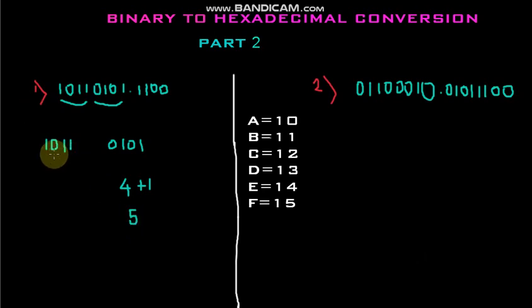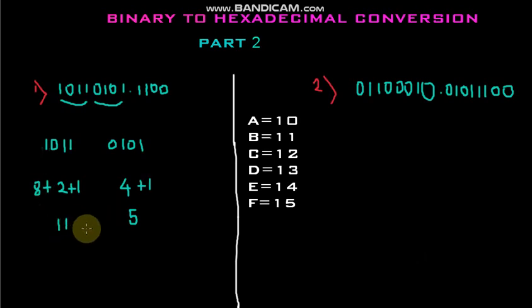Now converting the second group, we get 1 into 2 raised to 0, which is equal to 1, plus 1 into 2 raised to 1, which is equal to 2. Now 0 into 2 raised to 2 is equal to 0, and 1 into 2 raised to 3 is equal to 8, and hence 8 plus 2 plus 1 gives us 11.